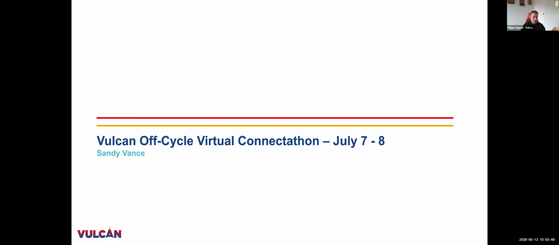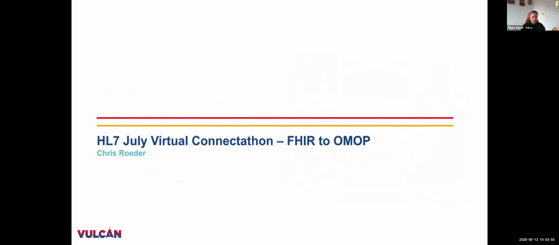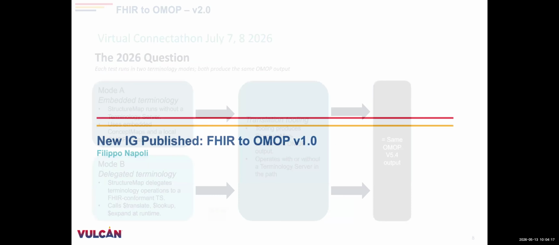Why don't we move on, and we can backtrack to Sandy if we need to. Chris, are you on? I don't see Chris on. Boy, we're 2 for 2 here. Well, that's unusual. Alright, why don't we go ahead to the next one?